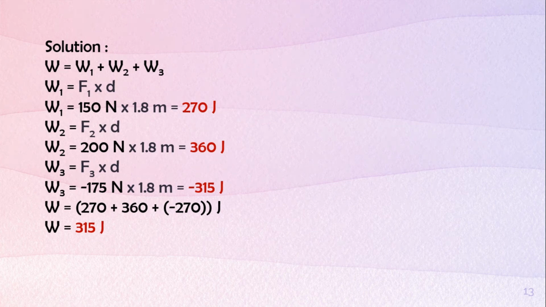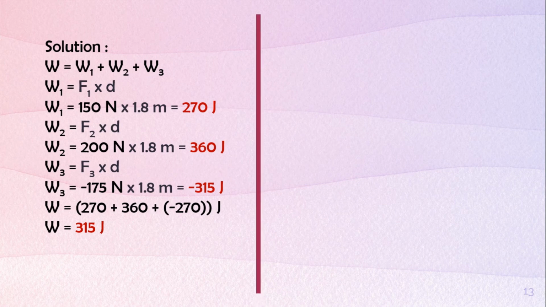Work 3 equals F3 times D equals negative 175 newtons times 1.8 meters equals negative 315 joule. The total work equals 270 plus 360 plus negative 315 joule. The total work equals 315 joule.